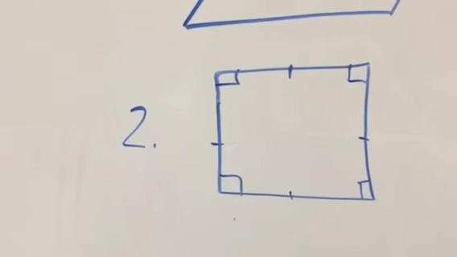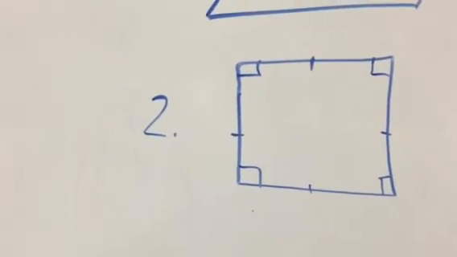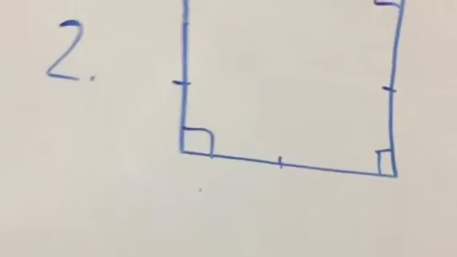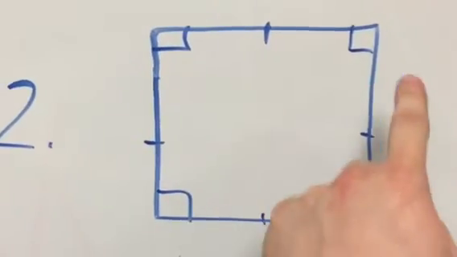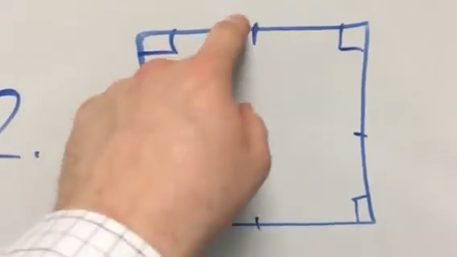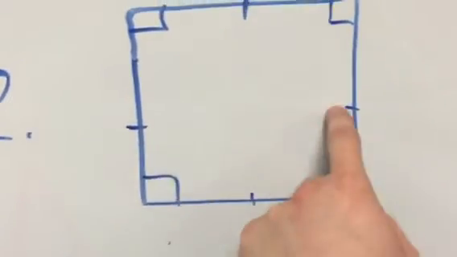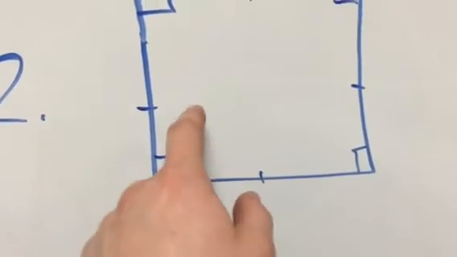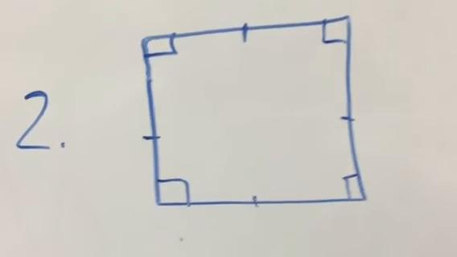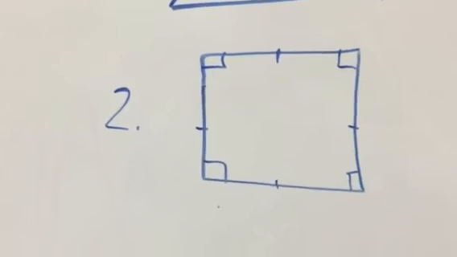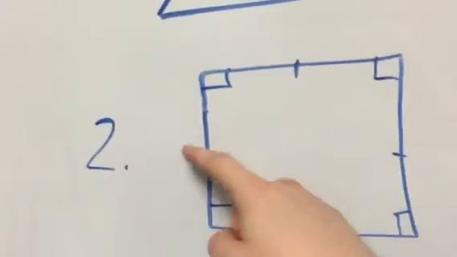This is the one that can be confusing. We look at it and we say, it's a square. Well, why is it a square? Well, it has 4 right angles. It has 4 sides that are all even length. It has 2 pairs of opposite sides that are parallel. So we look at it and we say that's a square. But how many sides are there? 1, 2, 3, 4.